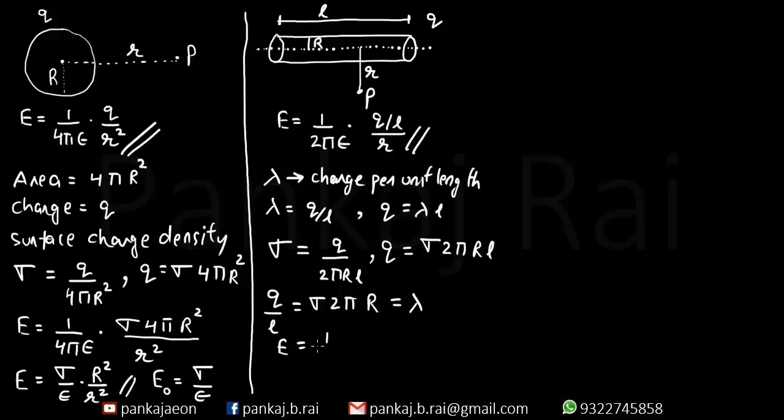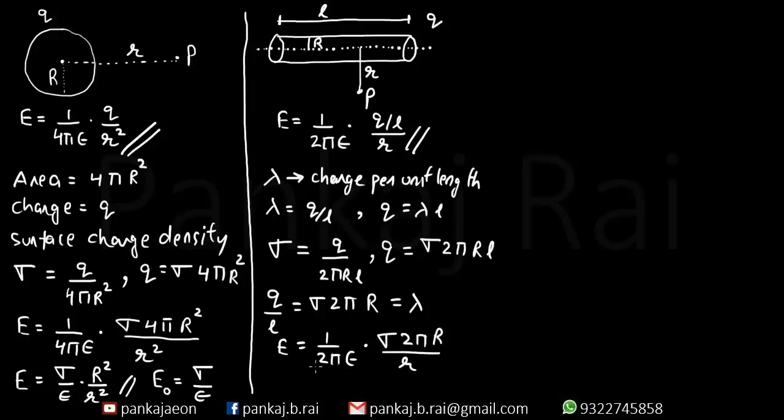So what do we get? We get E is equal to 1 by 2 pi epsilon times, in place of q by L, we can substitute either lambda, so it becomes lambda by r, or replace it by sigma 2 pi r. So it is sigma 2 pi r divided by small r.